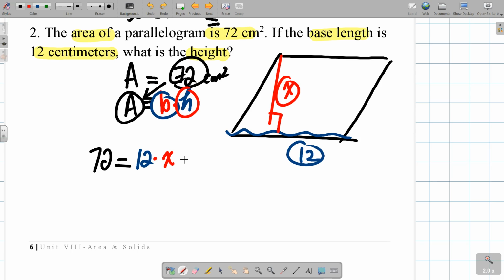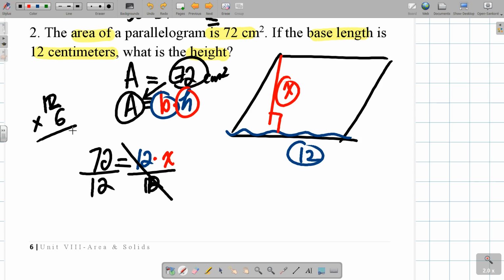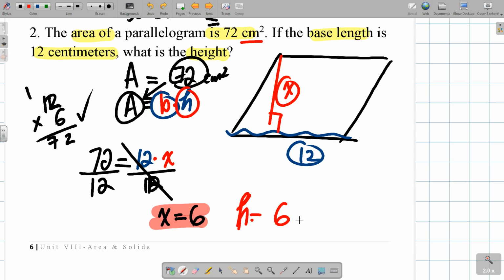You can see as you circle, plug, chug, now you can solve for x. So I just found my height is 6. Check units, centimeters.